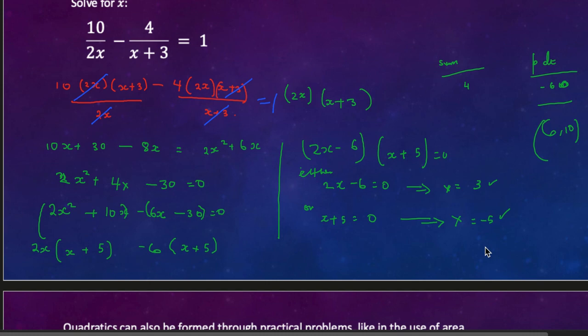So 10 divided by negative 10, that would be negative 1, and 4 divided by negative 5, no, wait. So negative 5 plus 3 is negative 2. So 4 divided by negative 2 is negative 2.